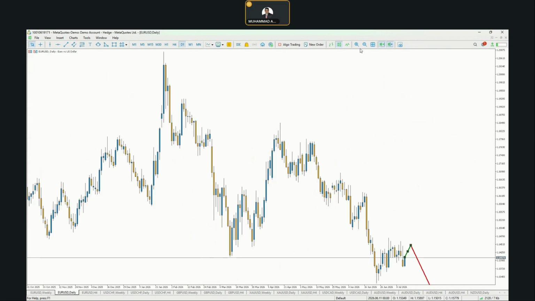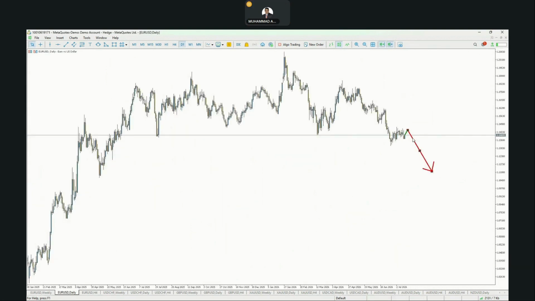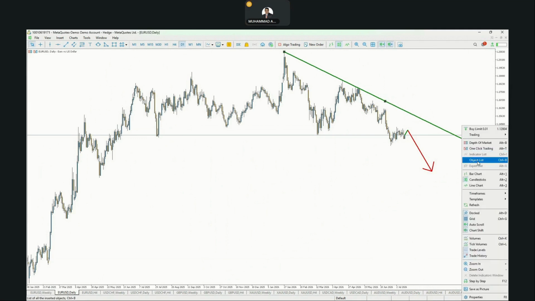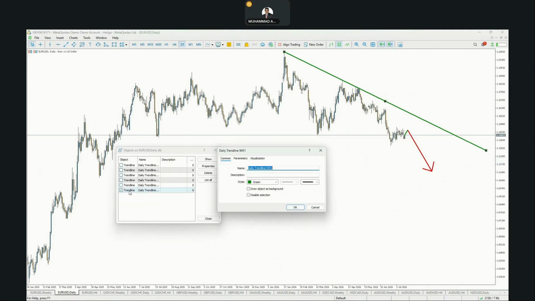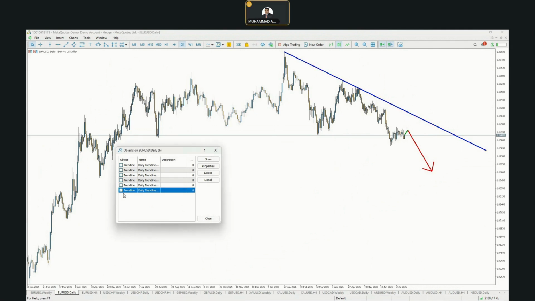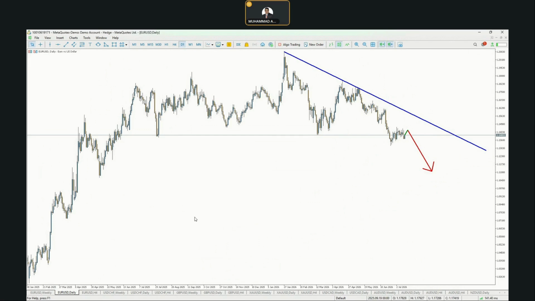Regarding the daily time frame, if I zoom out a little bit, this is what we easily notice. Let me draw a simple trend line. So this is the daily time frame of the euro dollar currency pair.